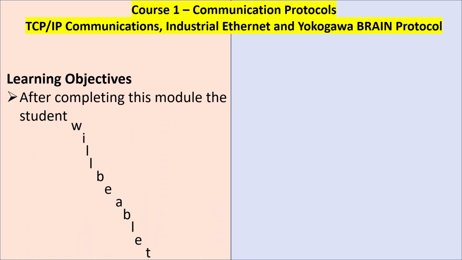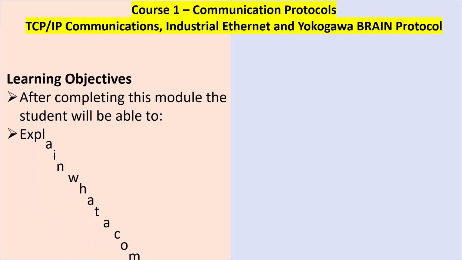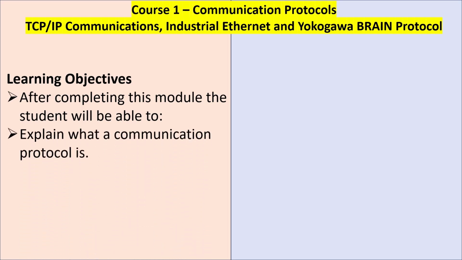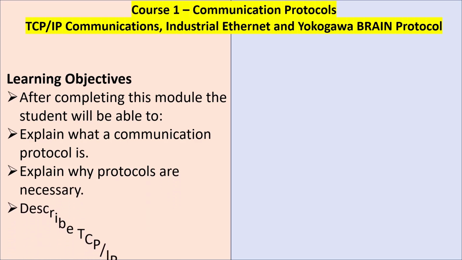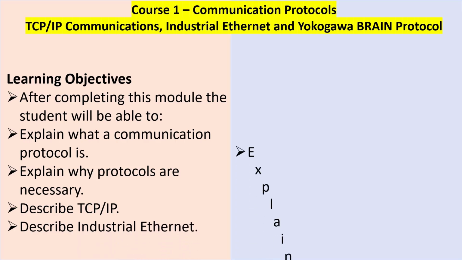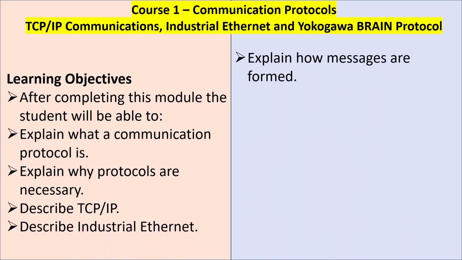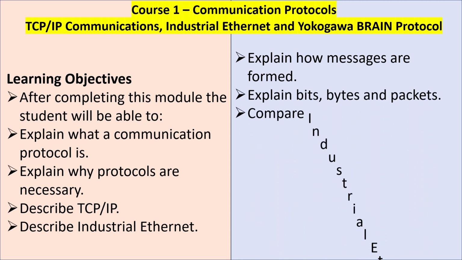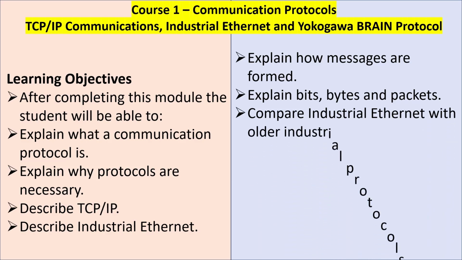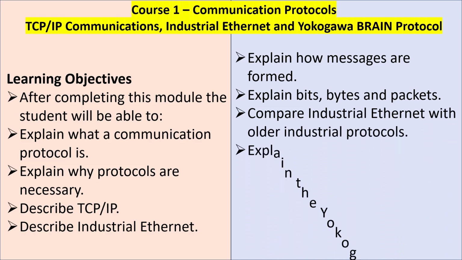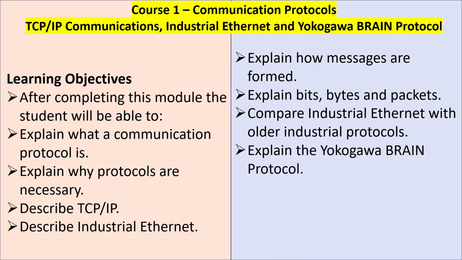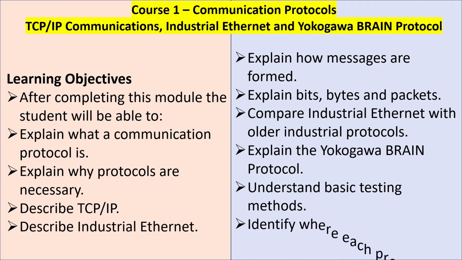After completing this module, the student will be able to explain what a communication protocol is, explain why protocols are necessary, describe TCP-IP, describe Industrial Ethernet, explain how messages are formed, explain bits, bytes, and packets, compare Industrial Ethernet with older industrial protocols, explain the Yokogawa Brain Protocol, understand basic testing methods, identify where each protocol is used.